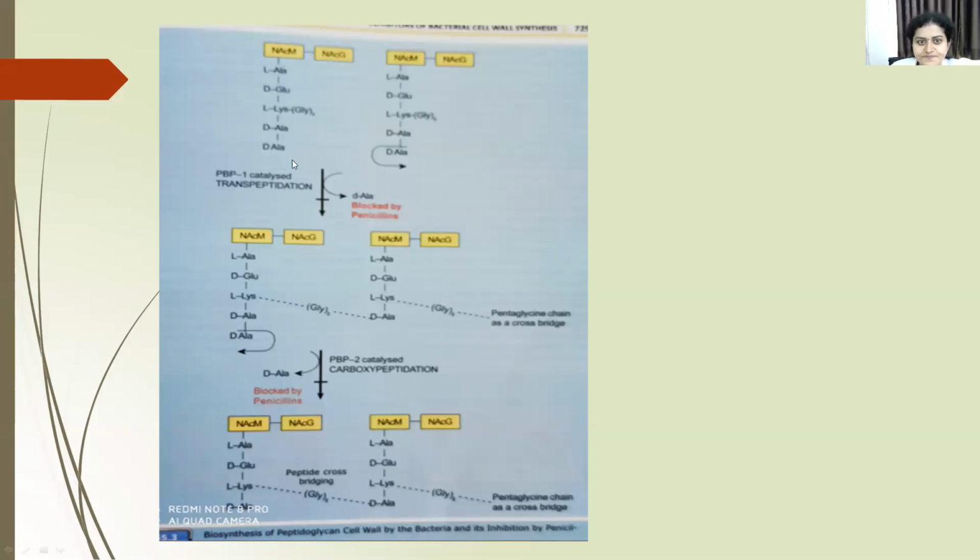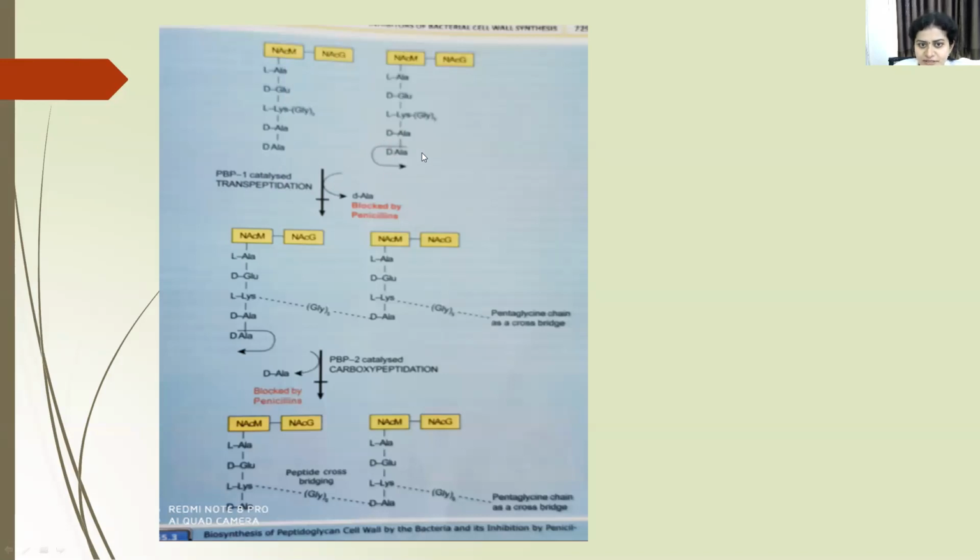And then what happens? There are three penicillin binding proteins. Penicillin binding protein 1 causes transpeptidation. What does it mean?